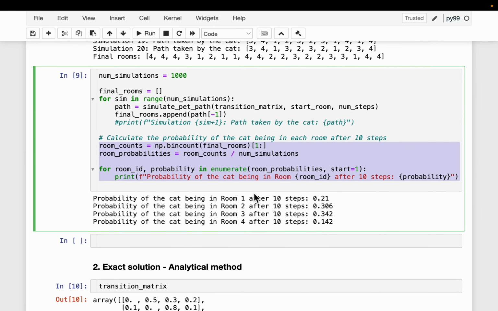So our final probabilities, or answer to this puzzle, is that after 10 steps, the probability of the pet being in room number 1 is 0.21, for room number 2 it is 0.3, for room number 3 it is 0.34, and finally 0.14 for room number 4.